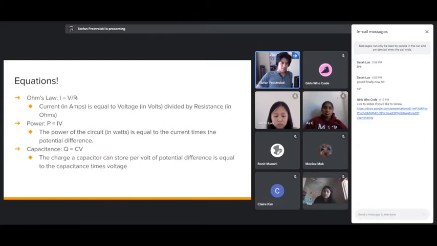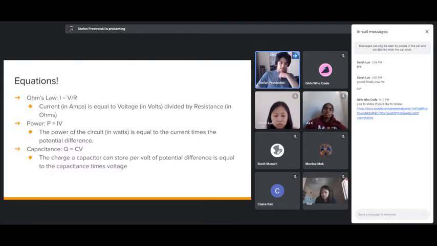Or if you wanted to get the resistance, you could do R equals V over I. The power of the circuit is equal to the current times the potential difference, or essentially I times V. And using the equation from Ohm's law, you can also rewrite power as I squared R, or current squared times resistance, or V squared over R, or voltage squared over resistance.